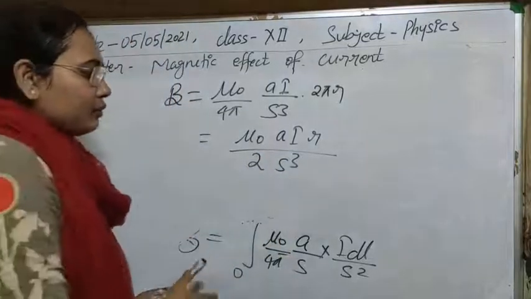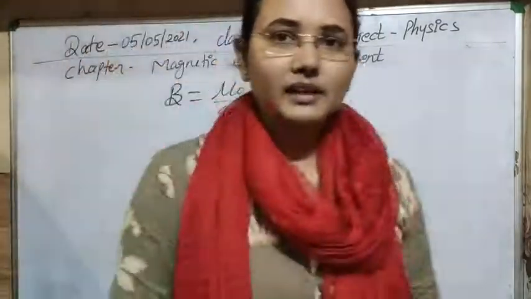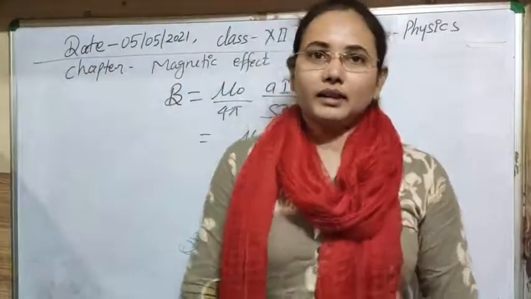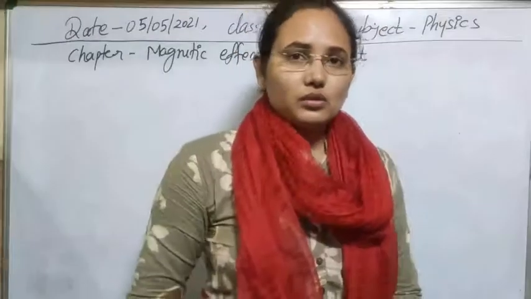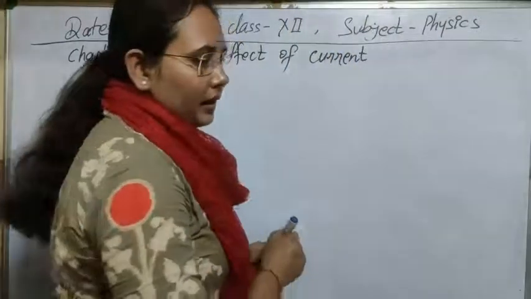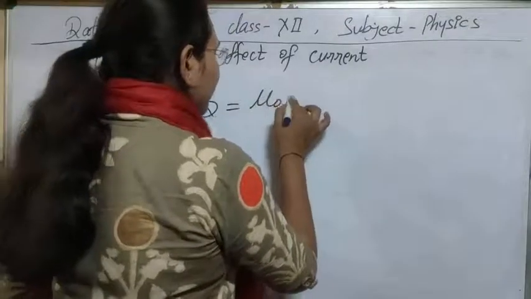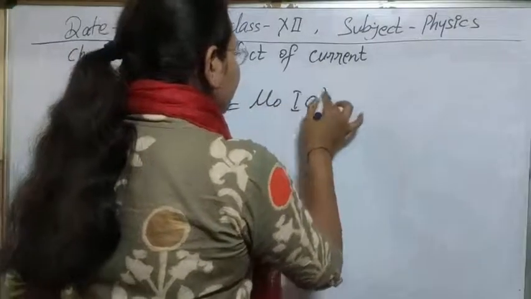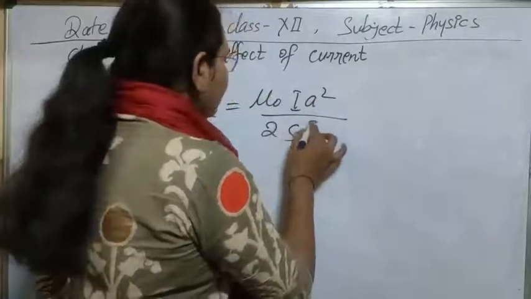Now again we have to take the help of the figure to understand the value of s, and if you write that here, then we can find the whole magnetic field. So students, up to now we have calculated the value of B, that is mu 0 I a square upon 2s cube.